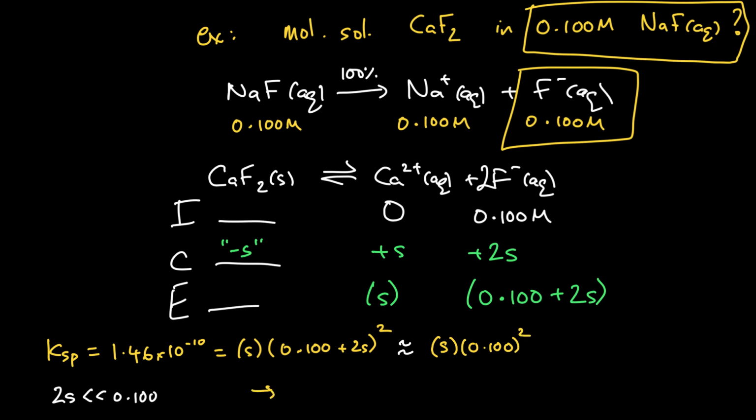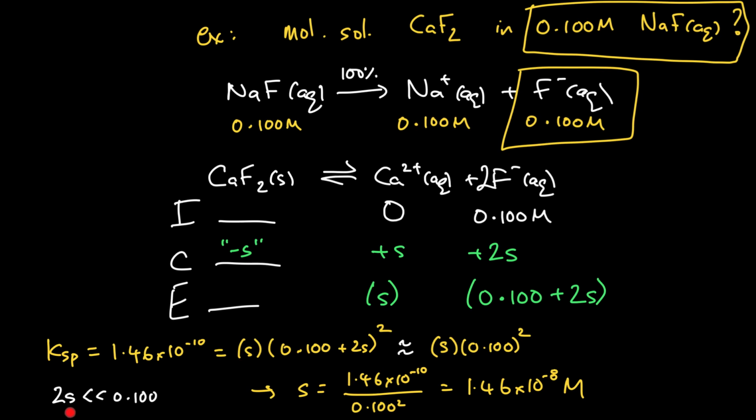So if we wanted to calculate s, then it is Ksp, 1.46 times 10 to the minus 10, over 0.1 squared. So 0.1 squared is 0.01. Dividing by 0.01 is like multiplying by 100. So that's 1.46 times 10 to the minus 8. That's a molar solubility, so moles per liter.